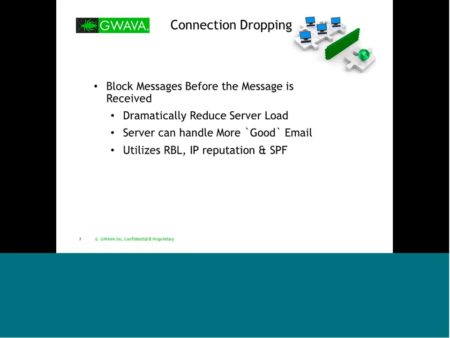So at least your SMTP gateway of an email system will be busy only handling good email, inbound and outbound. So the connection dropping can be configured by the administrator. It's an option, okay, and the services that can provide this are the RBL, the IP reputation, and the SPF.